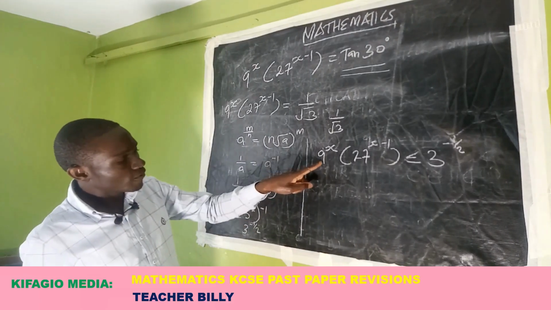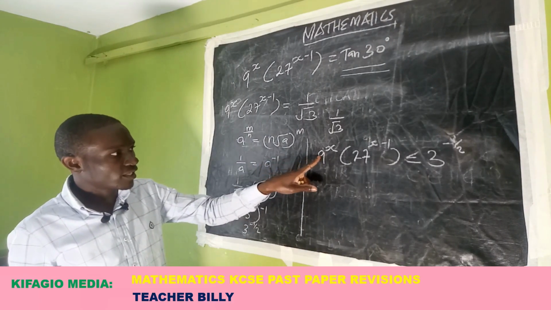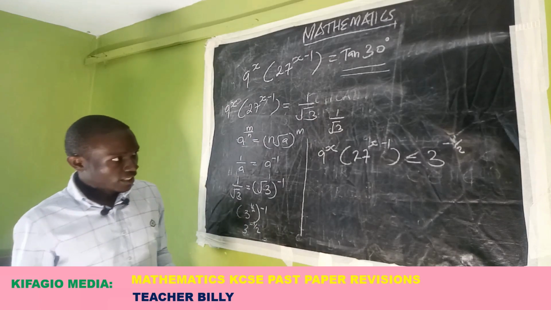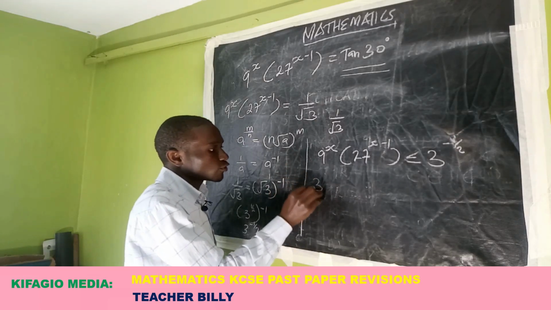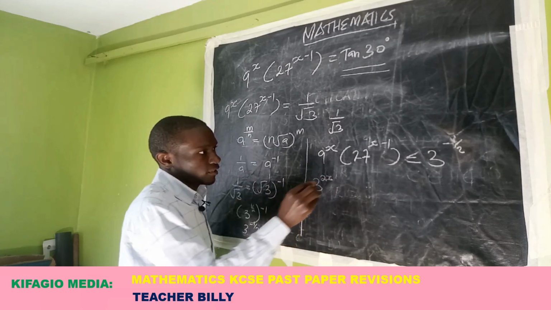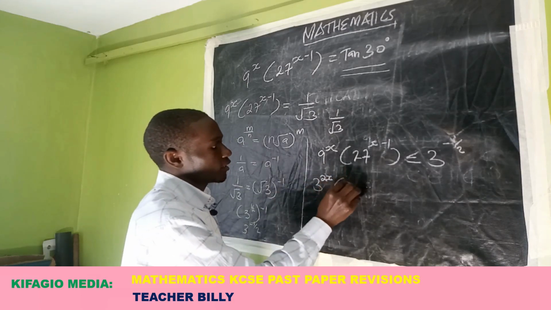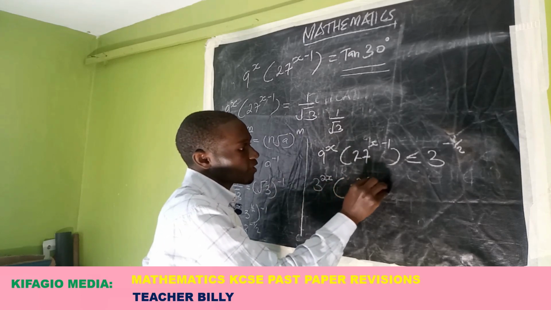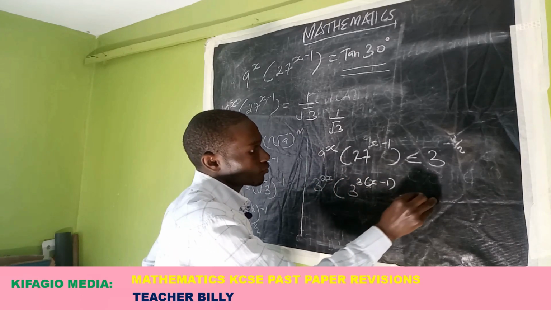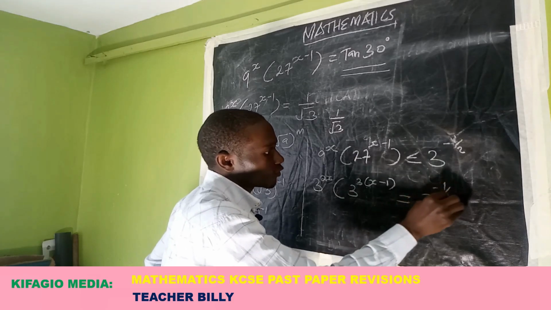Then, is it possible for you to write 9 to base 3? Yes. Is it possible for you to write 27 to base 3? Also yes. So, this is 3 power 2x into brackets 3 power 3, into, open the brackets, x minus 1 is equal to 3 power negative 1 over 2.